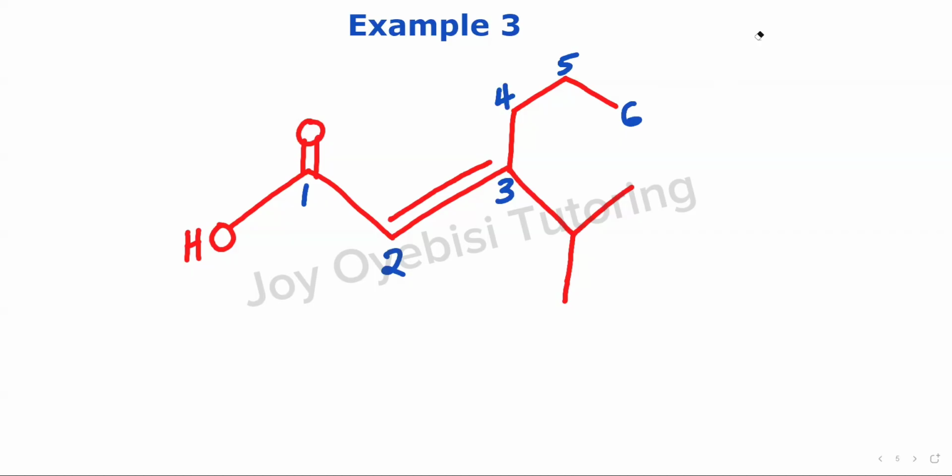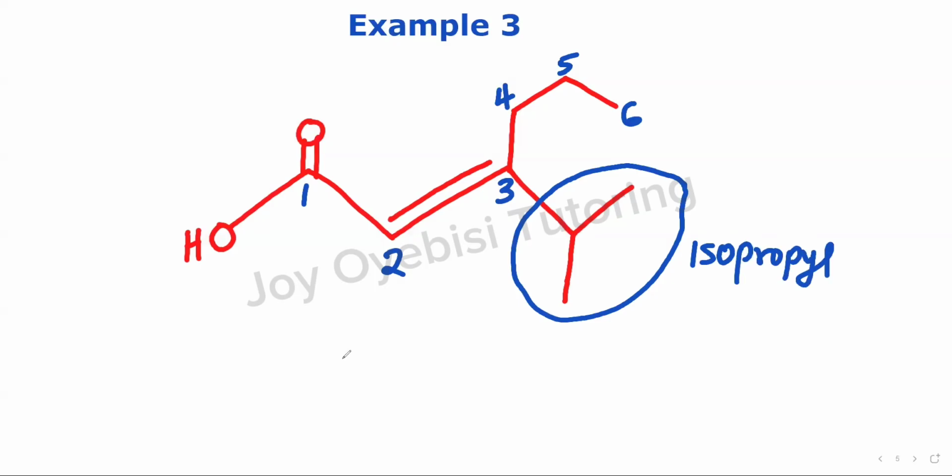So now we're going to identify our substituent. There is only one substituent here, which is this one, and that is known as isopropyl. Anytime you see this type of shape attached, like Y, this is your point of connection to the parent chain, the longest chain.